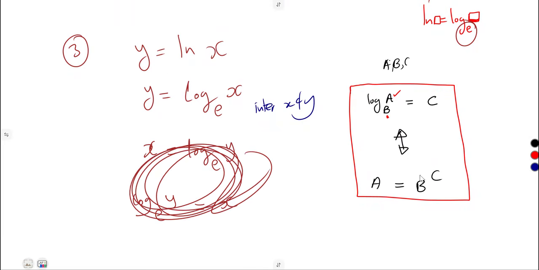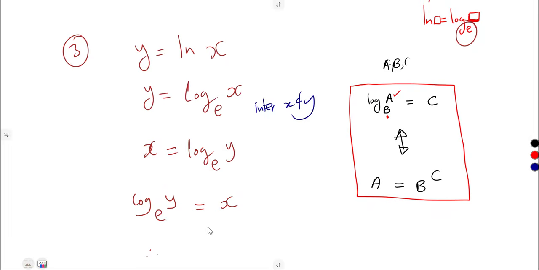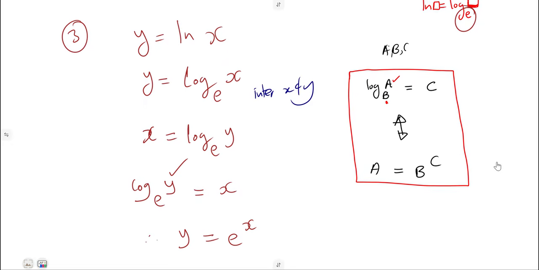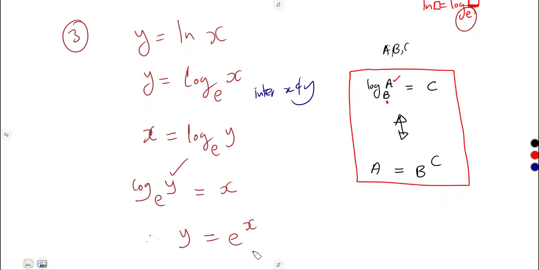We did not change anything, we're just rewriting. So therefore, y, representing our a, is equal to the base to the exponent of c, the base, which is e, to the exponent of x. That's our inverse, which is also an exponential function. That's our inverse function. Y is equal to e to the exponent of x.